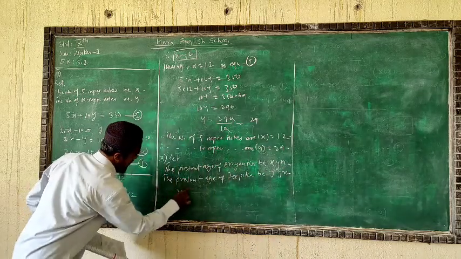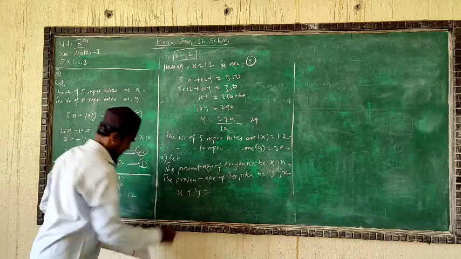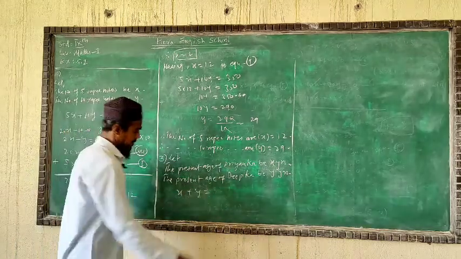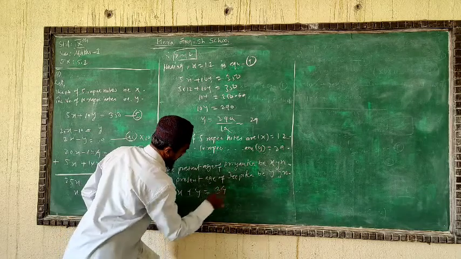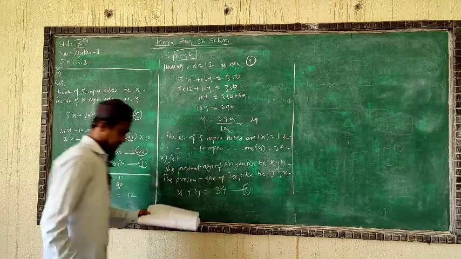Sum of both the ages given, x plus y equal to how much given, sum of ages 34 years. You'll get the first equation.